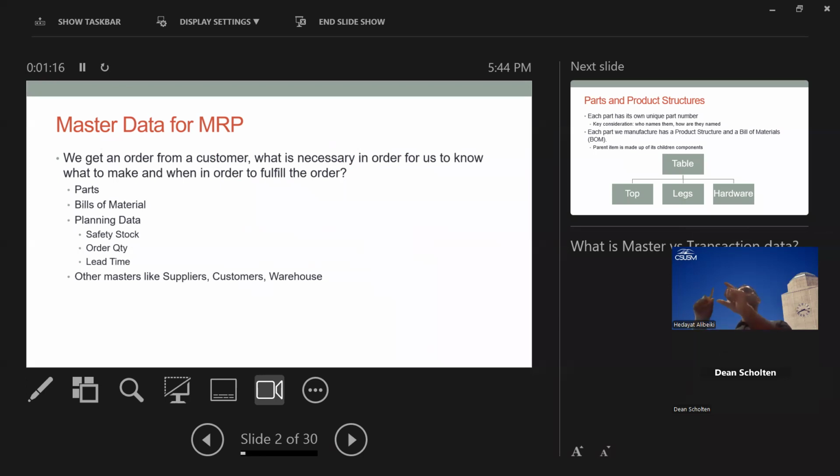If you remember, we just put MPS. We never talked about the release of orders, when and how much you need to release. MRP actually does that for the MPS, for the end item.